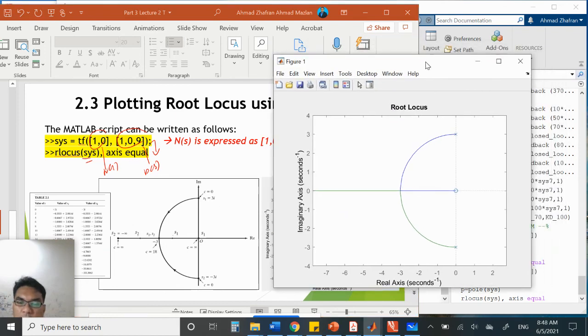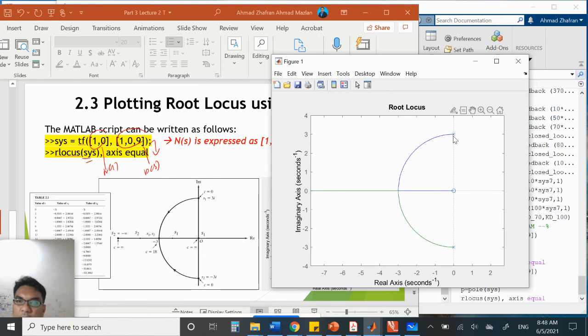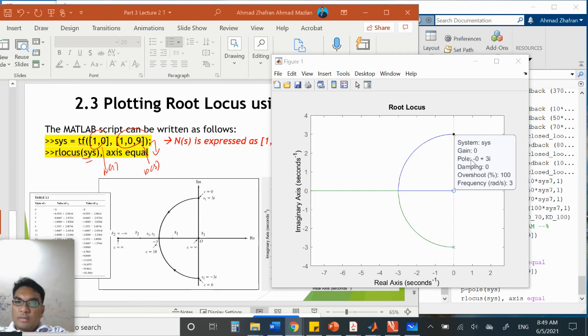The good thing about using Matlab is that you can automatically tap the information from the graph. For example, at this point you can get the gain 0, this C equal to 0. Still remember that at the imaginary line there's no C value. The pole is plus 3 imaginary, there is no real value, and you get a natural frequency of 3.